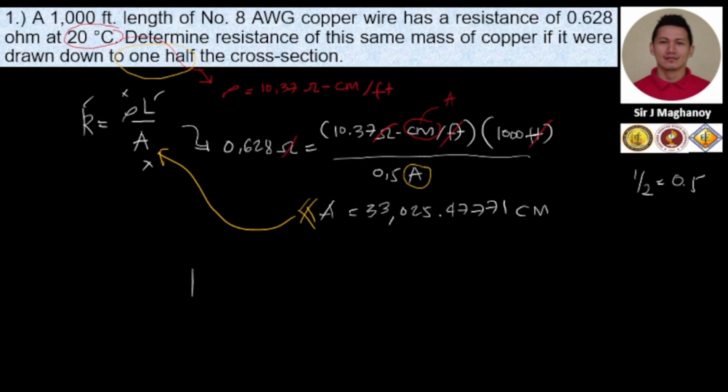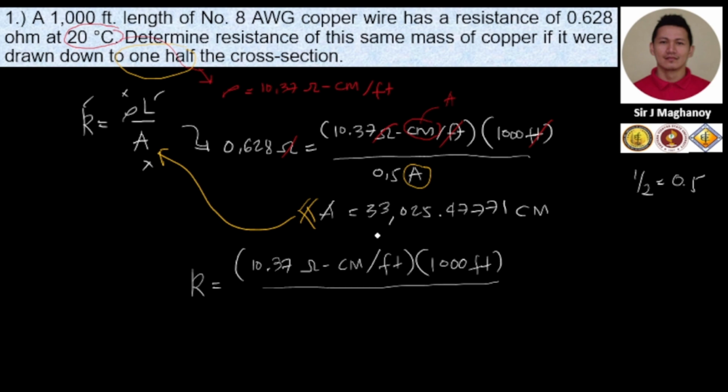Finally our resistance is equal to the same resistivity, which is 10.37 ohm circular mil per foot, the same length, that is 1,000 feet, all over the value of our drawn down cross-sectional area in circular mil. Okay, so let's cancel the common unit. Feet cancel, circular mil cancel, so the remaining unit is ohms, which is the unit of your resistance.